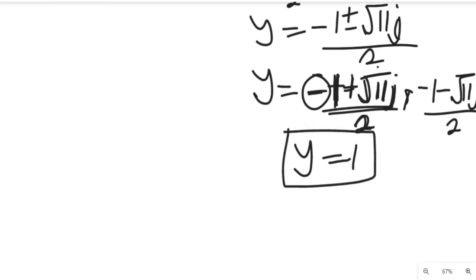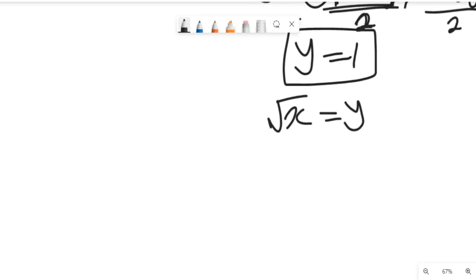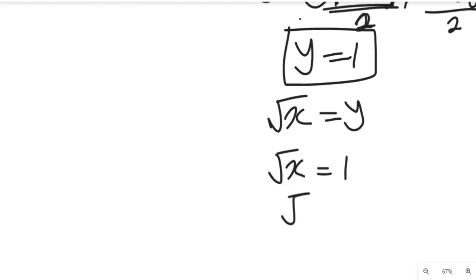So if our y is equal to 1, recall from our initial equation that we assumed our square root of x to be equal to y. So if our square root of x is equal to 1, and we square both sides, we are going to have x equal to 1 squared.